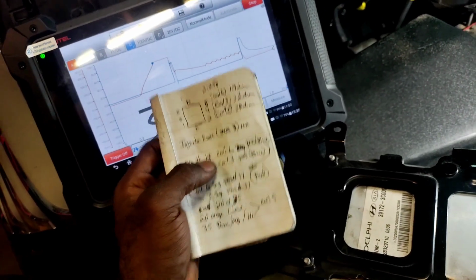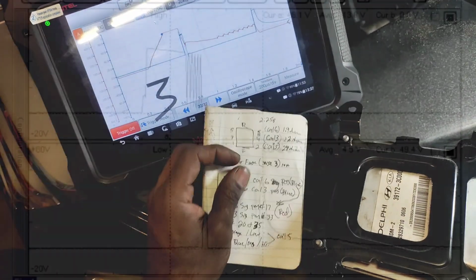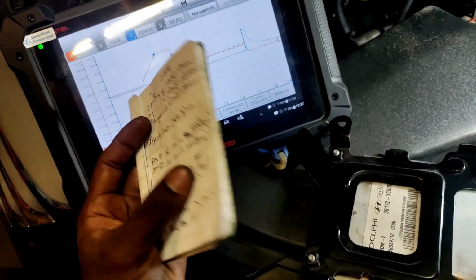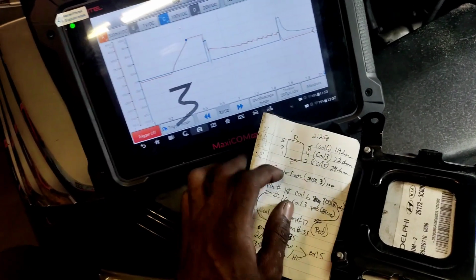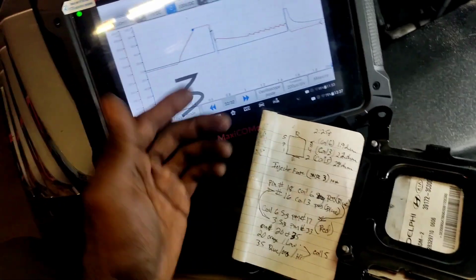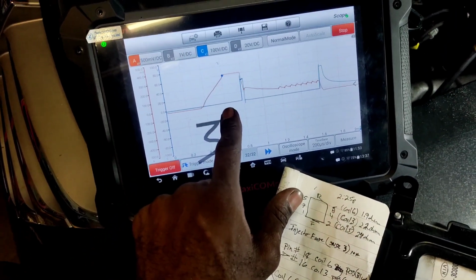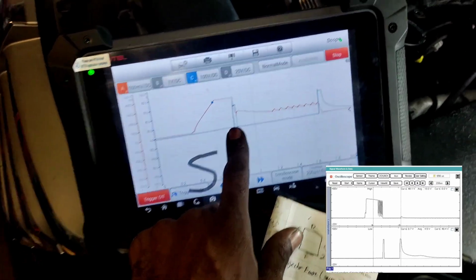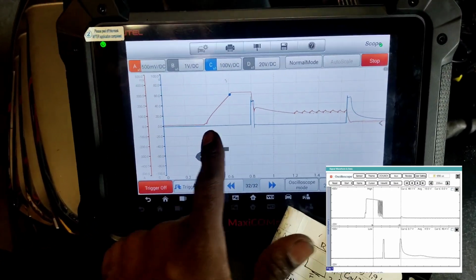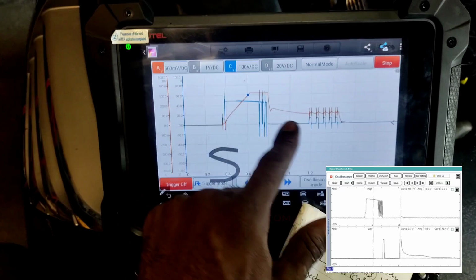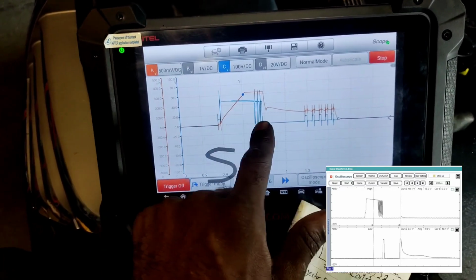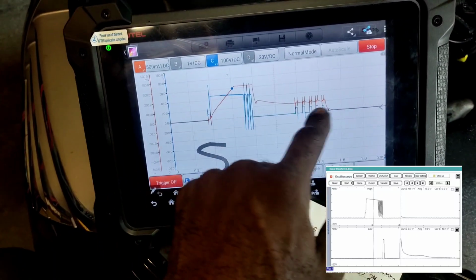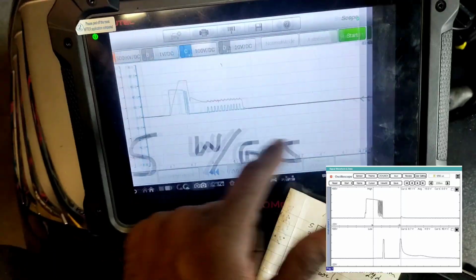I'd imagine low is the signaling side, and high is obviously the 12 volt side. So I put my test lead on the low and high side. This is how the low side ramp looks, and then we have the high side there. That's the kind of waveform you get on the blue trace, and the orange right there is my amp clamp.